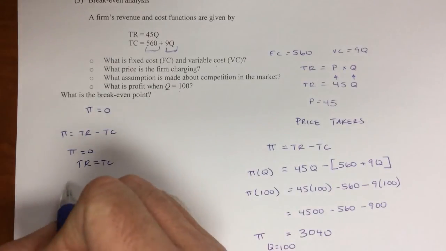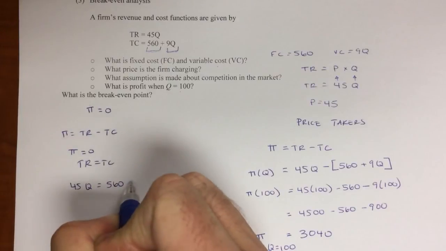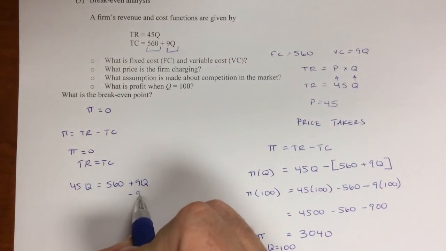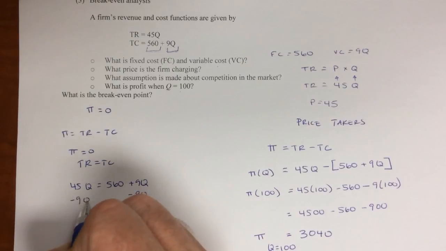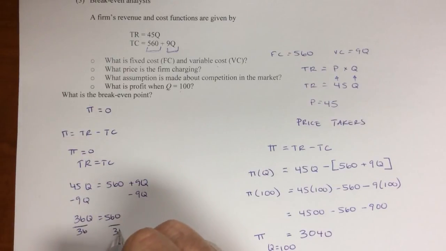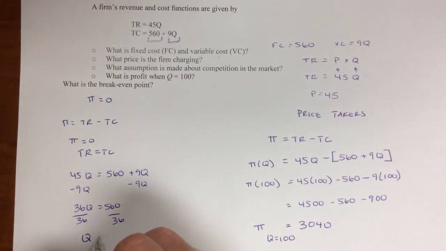So with this information, I can do 45Q is equal to 560 plus 9Q. And now I just have to solve for Q. I subtract 9Q from each side. I get 36Q is equal to 560. I divide each side by 36. And I get Q is equal to 15.56, rounded to the nearest 100th.